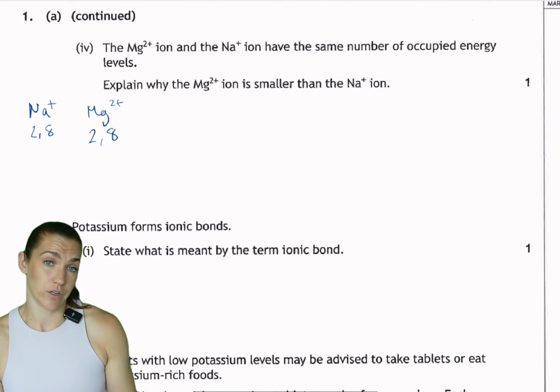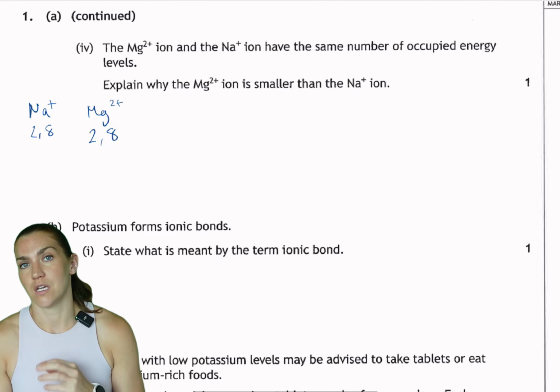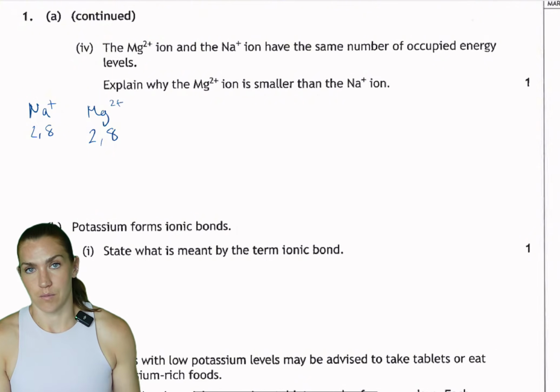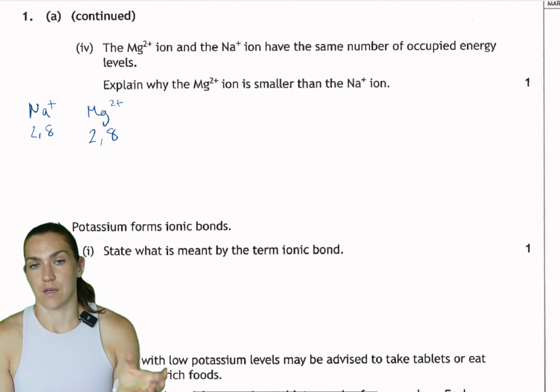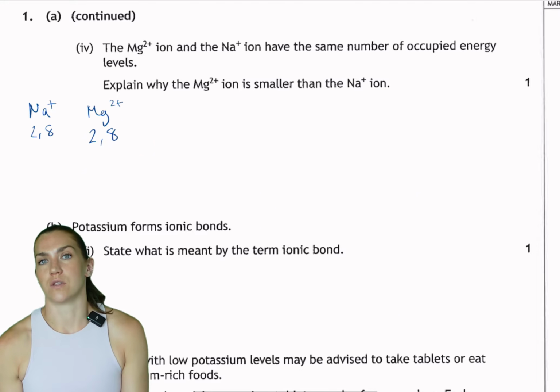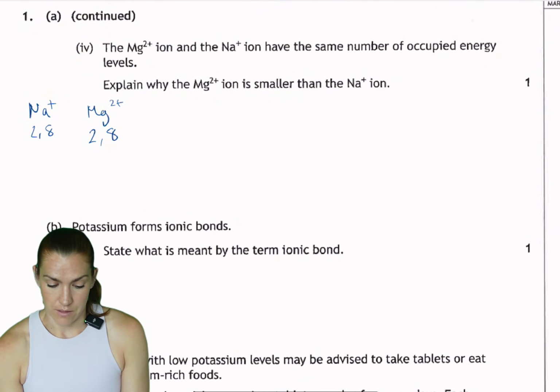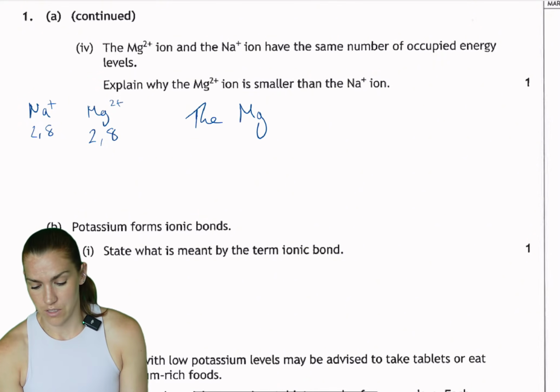So you can talk about ionic radius, but if you were to mention covalent radius, that would take the mark away from you, because we're talking about ions, not atoms here, and covalent radius is to do with the size of the atom. So in terms of answering this question, a simple statement that the Mg2+ ion has a greater nuclear charge would be completely fine.